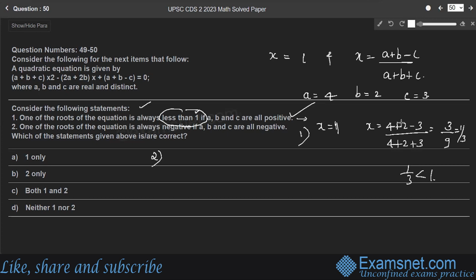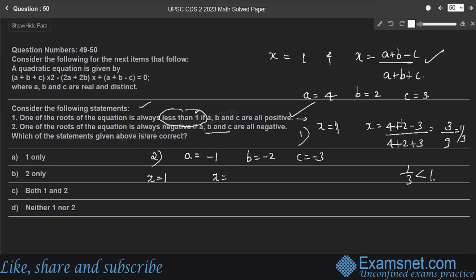Consider the second statement. One of the roots of the equation is always negative if a, b, c are all negative. We'll consider three values, for example, a as minus 1, b as minus 2, c as minus 3. One of the roots is 1, which we had calculated in the last question. Another root is (a plus b minus c) by (a plus b plus c).